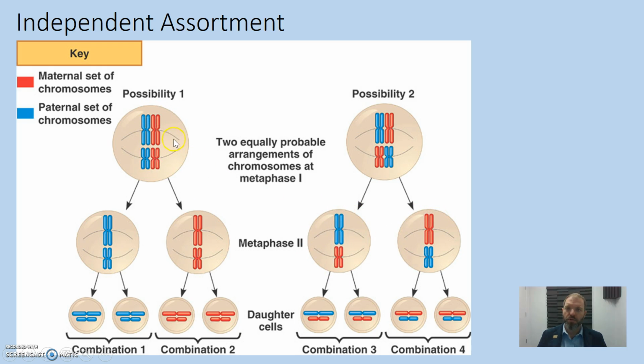And this is for only 2 chromosomes. Imagine if you had 23 pairs, how many different combinations of reds and blues switching around you could have. And then once these divide, you can see that there's variation in those daughter cells. So that's called independent assortment, and that mixes up the homologous chromosomes from both parents into the gamete cells.